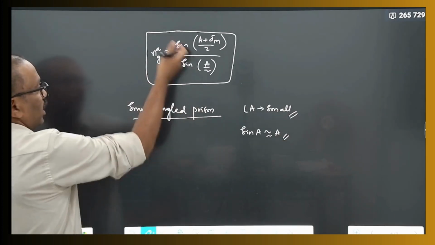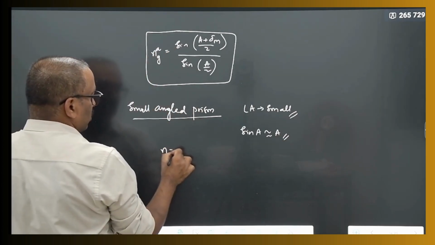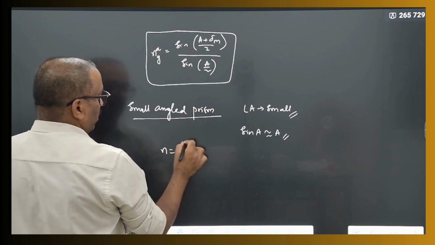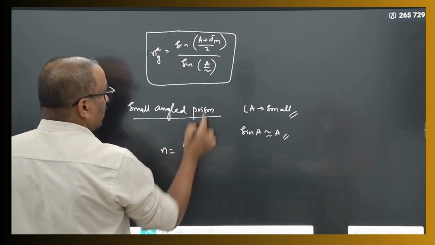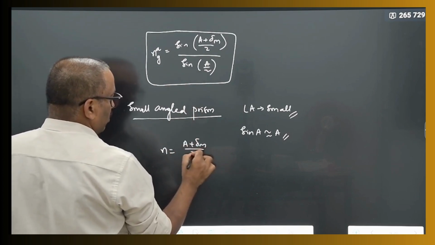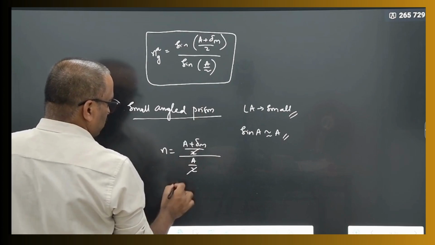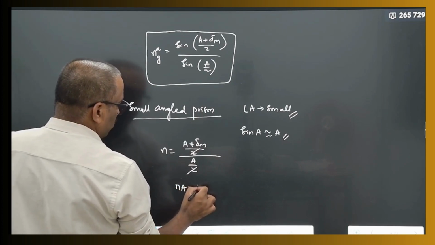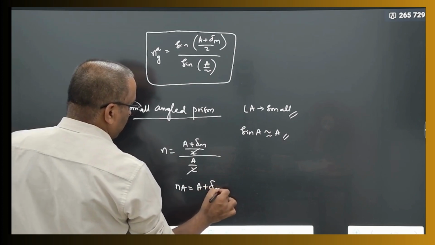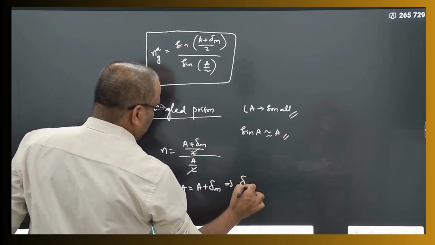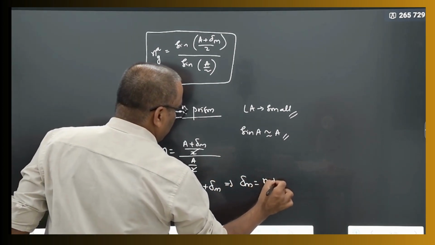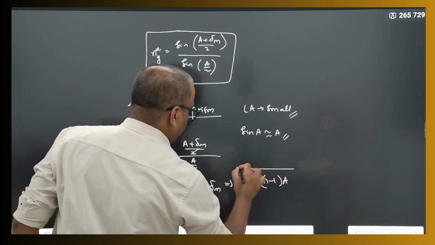So you can rewrite it as n is equal to (A plus delta m) by 2 divided by A by 2. The 2s cancel, so n into A is equal to A plus delta m. That implies delta m is equal to (n minus 1) into A.